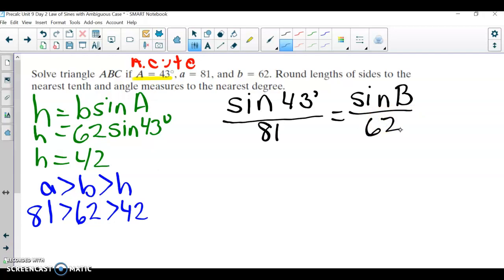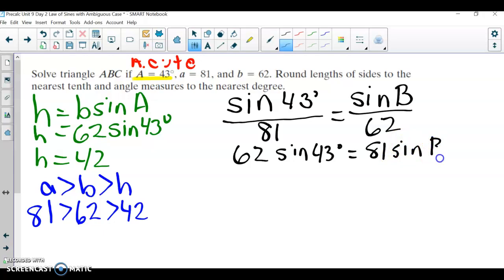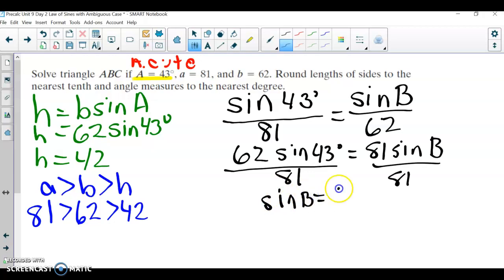We cross multiply and we have 62 sine of 43 is equal to 81 sine of B. We divide by 81. Sine of B is equal to 62 sine of 43 over 81.